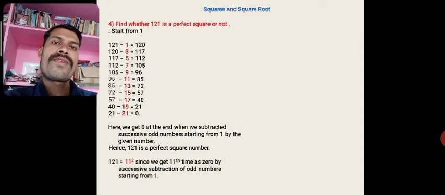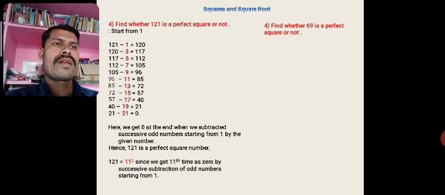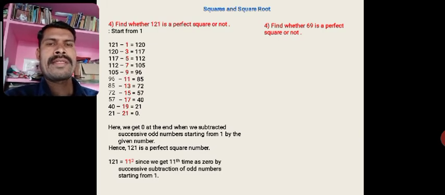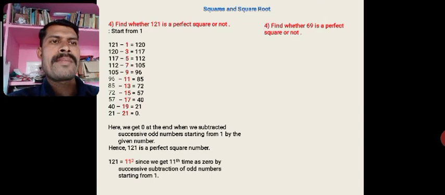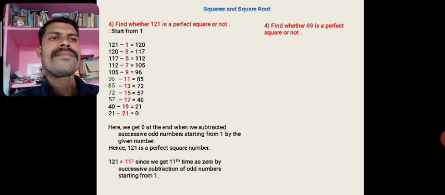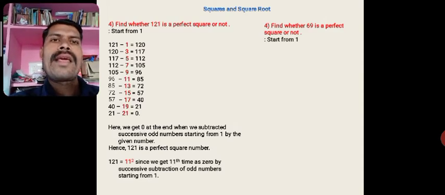Let us verify one more number, whether it is a square or not. 69, let me take 69. We have to verify whether 69 is a perfect square or not. Now you see what you are going to get. Start from 1 again.